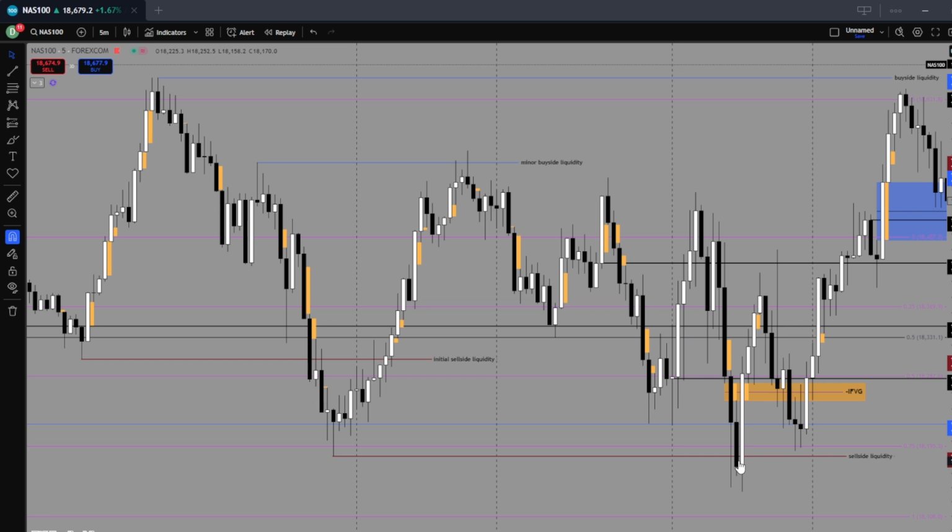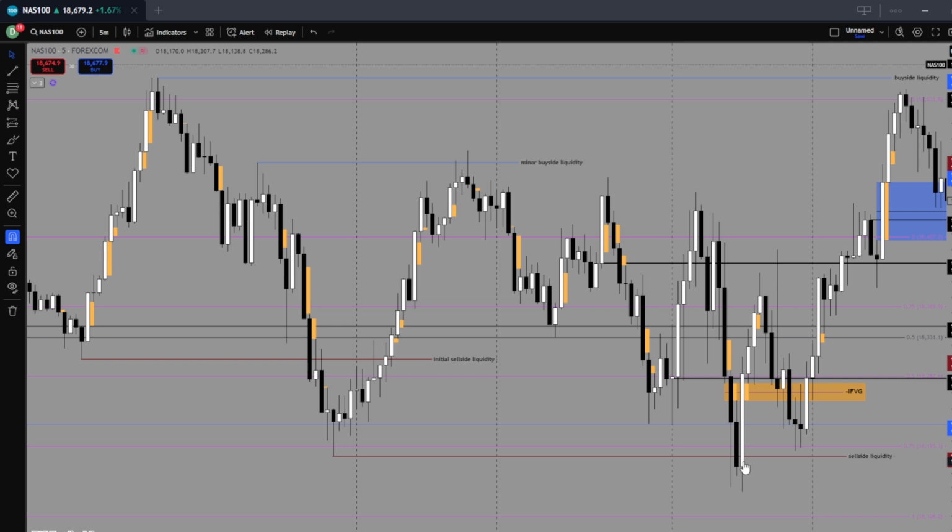because retail chases price. Okay, why does retail fail every time? It is the very reason that they chase price, and we as smart money and as algorithmic thinkers, we don't chase price, we wait and anticipate. We anticipate the next movement.